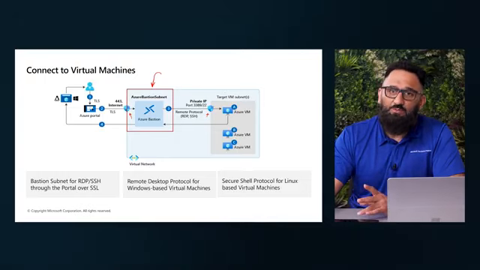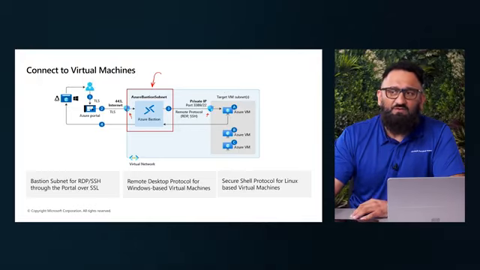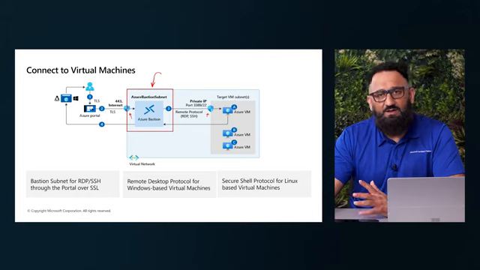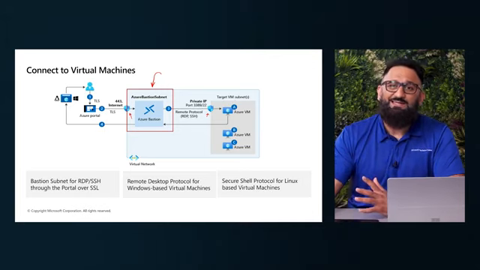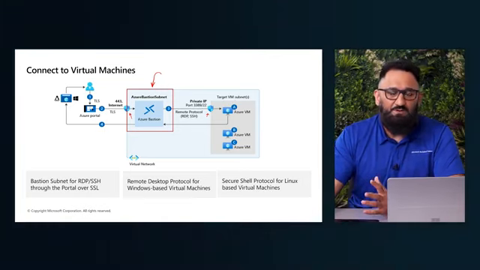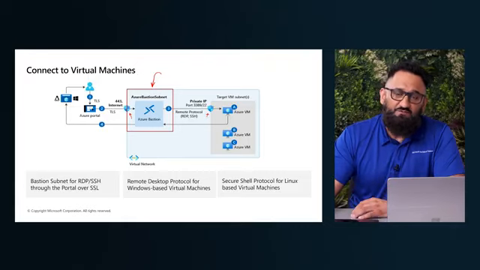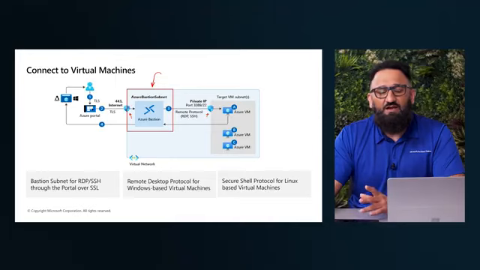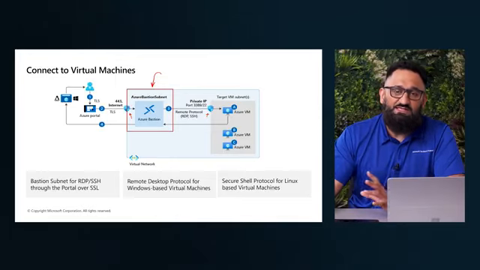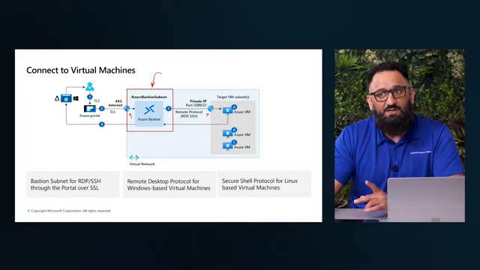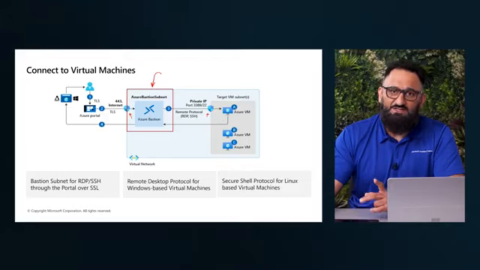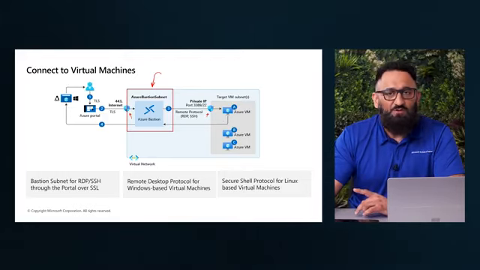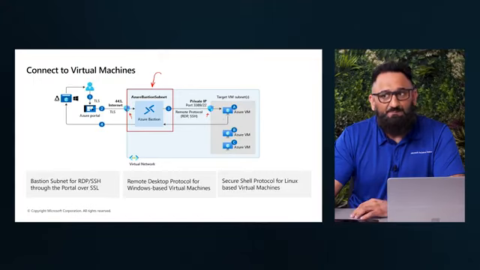I don't need more than one, and that's more than enough. However, if I have resources spread across multiple virtual networks, then I need a Bastion service for every virtual network, with the exception that if I have created a VNet peering for this virtual network, then I can use that Bastion service to connect to all of the resources that are peered together.